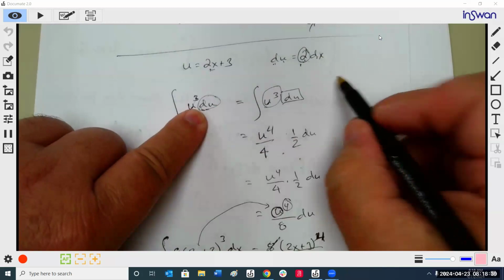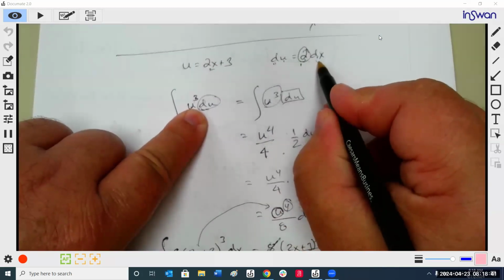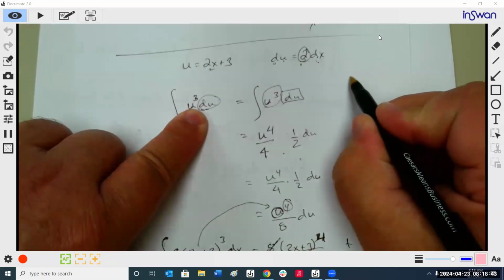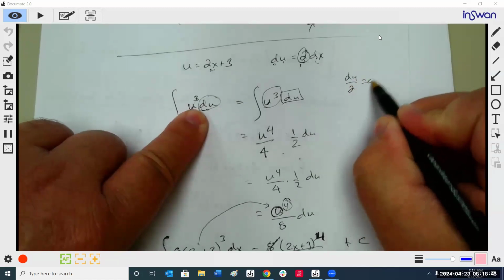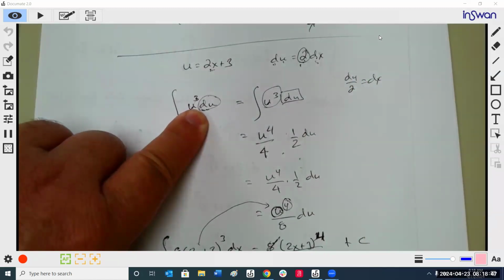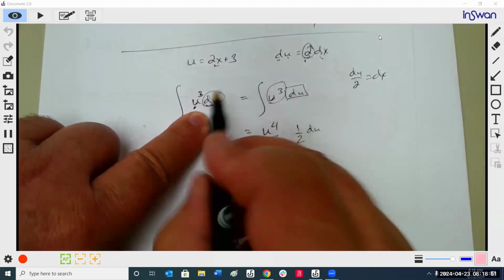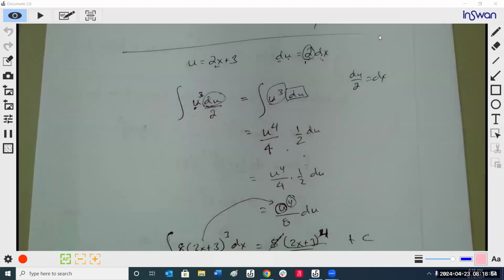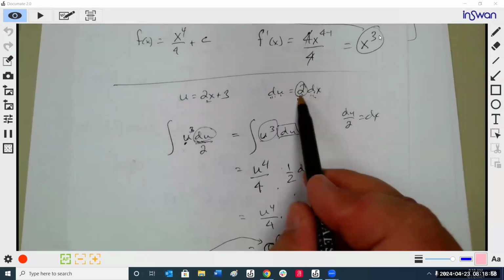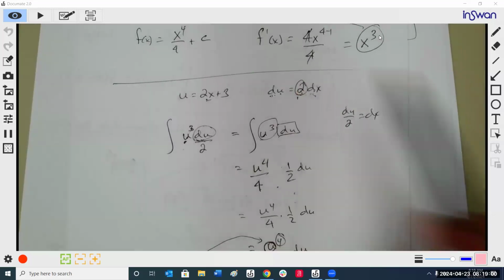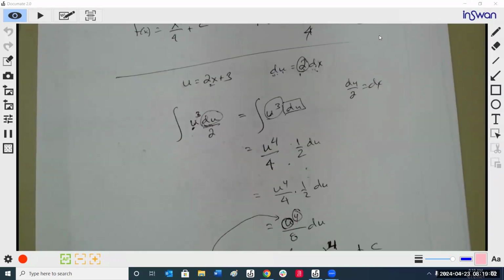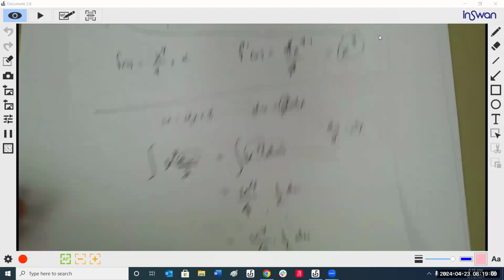So if we were to solve for dx, what do we get? We have du over 2 equals dx. So this dx is translated into du over 2. Because when I took the derivative of it, I get that. I needed that coefficient. Because whenever you multiply by something, you have to divide by it to get rid of it. Because it has to be equal to 1.